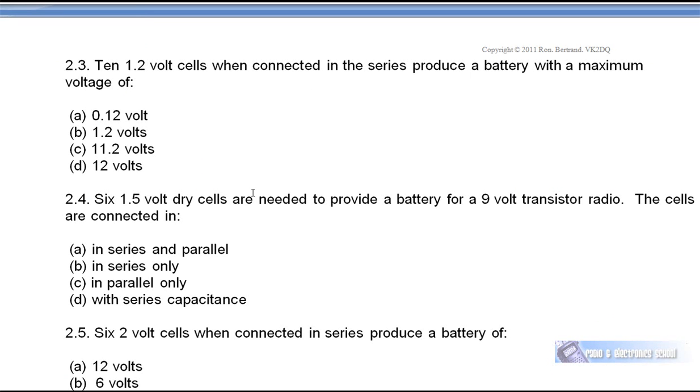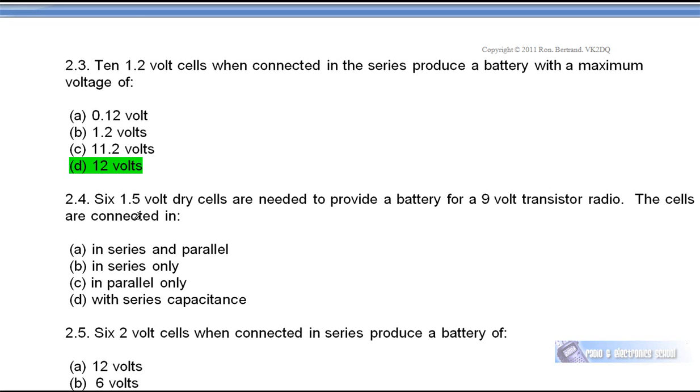Question 2.3, 10 1.2 volt cells when connected in series produce a battery with a maximum voltage of, well again, if you're connecting cells in series, the total output voltage is the sum of the voltages of each of the individual cells. In other words, 10 times 1.2 volts is 12 volts.